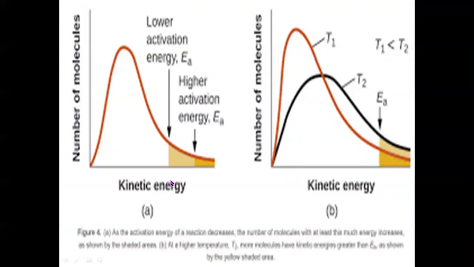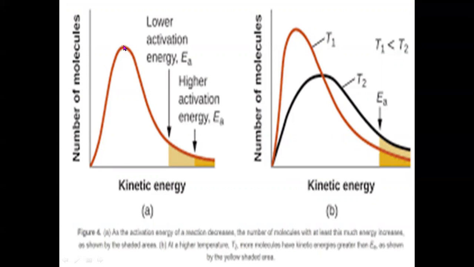Now this picture also shows similar things. Here, this curve is drawn for T1, which is the lower temperature, and here fewer molecules will have the energy of activation. What is energy of activation?